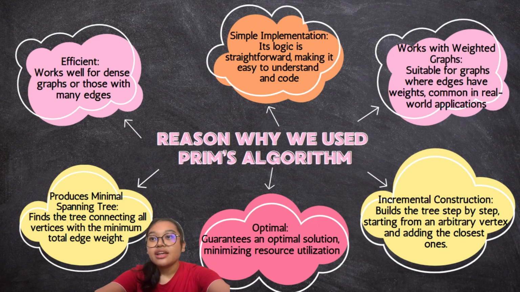After that, incremental construction can build the tree step by step. Then, an optimal solution produces a minimum spanning tree with the lowest total edge weight. Lastly, it is efficient and works well for this graph.